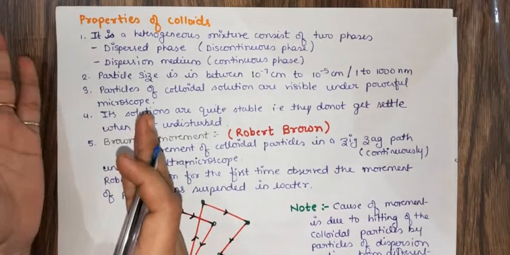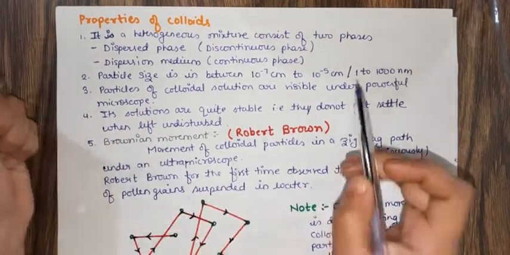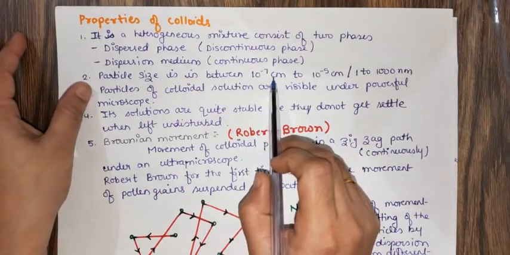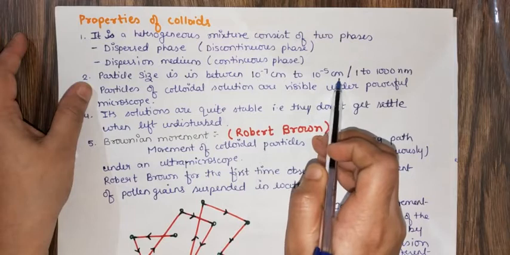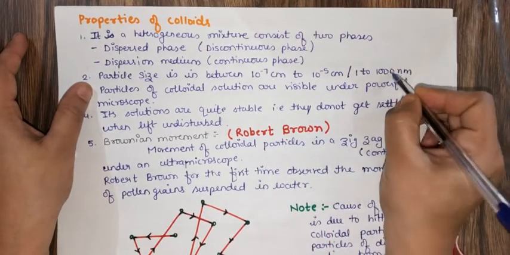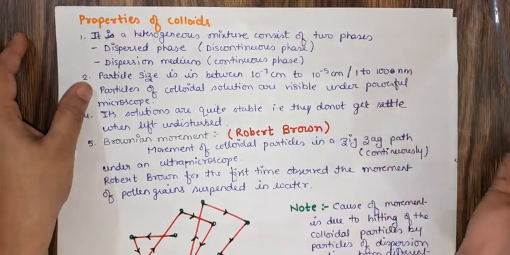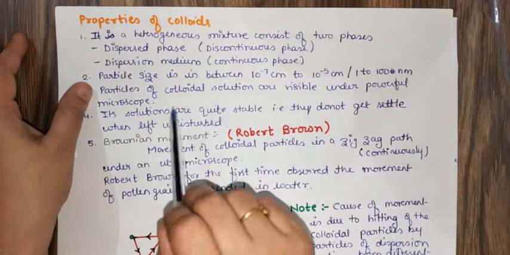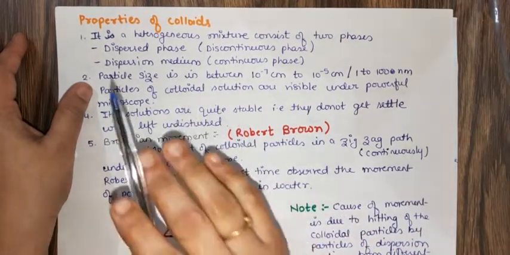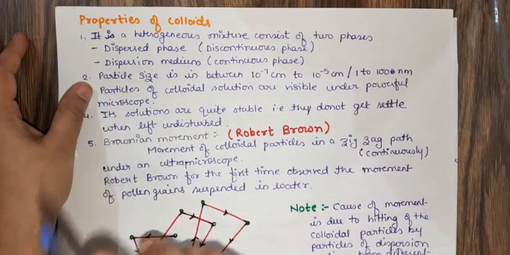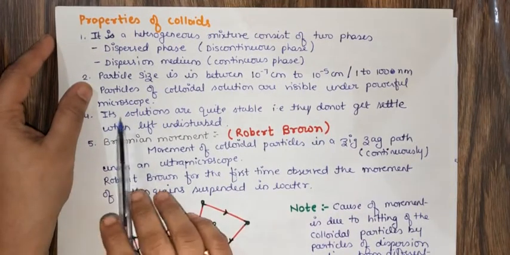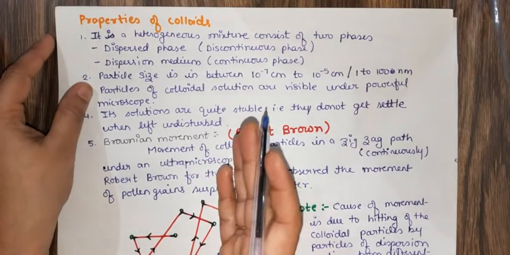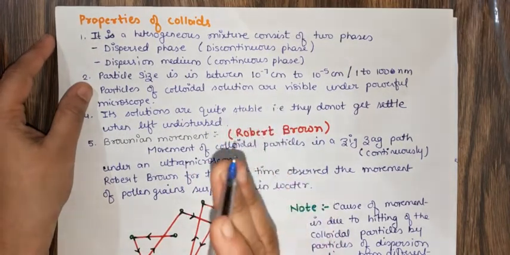The particle size of the colloid generally lies between 10 to the power minus 7 centimeter to 10 to the power minus 5 centimeter, or in terms of nanometer, 1 to 100 nanometer. The particles of a colloid solution are visible only under a powerful microscope, not by naked eyes.